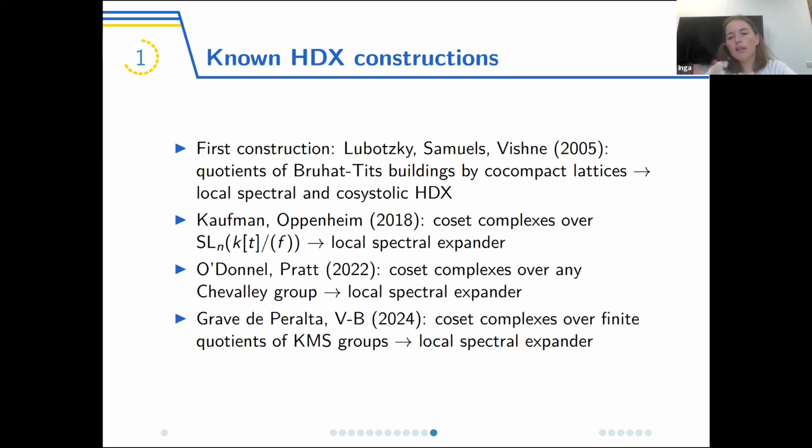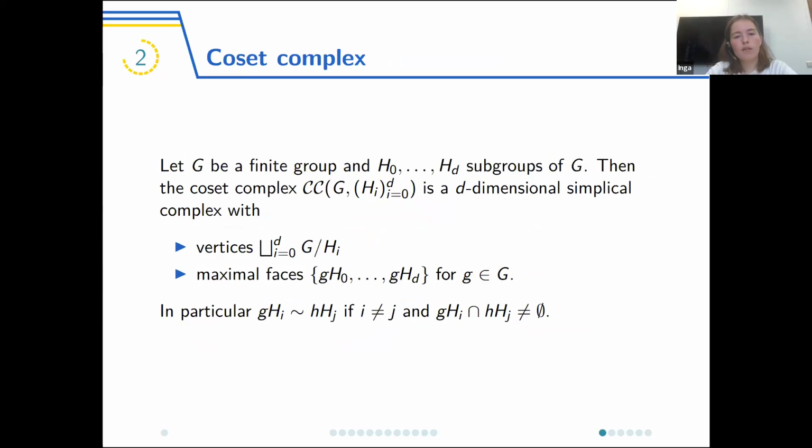And that's what the second part of my talk should be about, explaining what these coset complexes are and which groups we take for our construction. Right, so for a coset complex, we need two ingredients. We need a finite group G, and we need a family of subgroups of our group G. And then the coset complex will be a simplicial complex where the vertices are the disjoint union of the cosets.